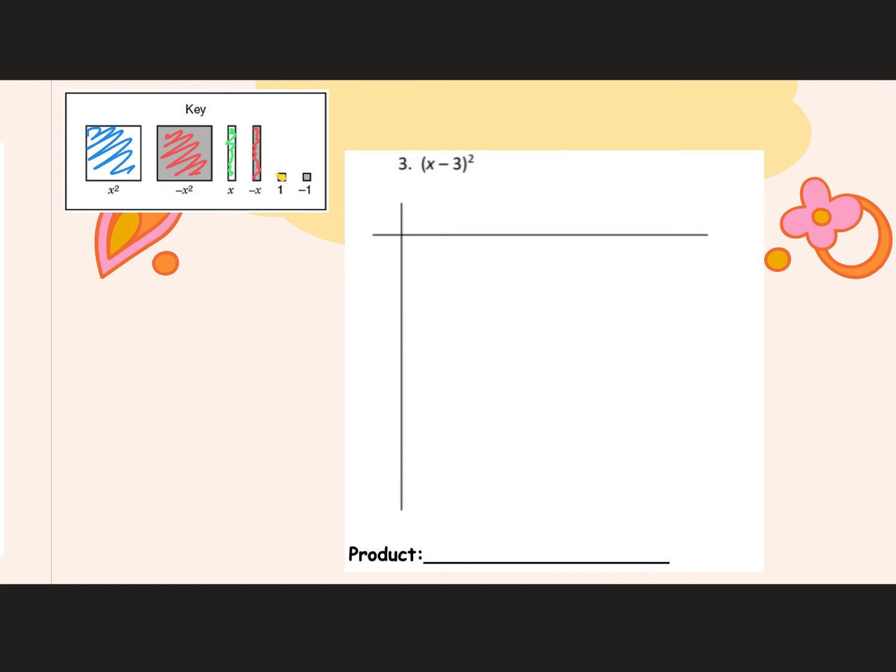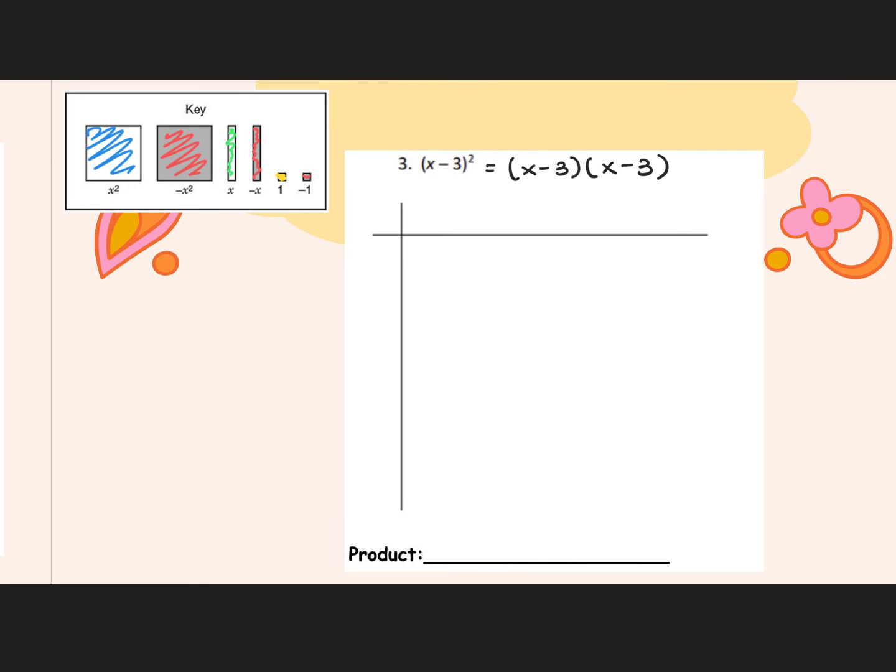So that does not mean that we're just squaring the x and squaring the negative 3. We are actually saying that we are multiplying x minus 3 times x minus 3. All right.